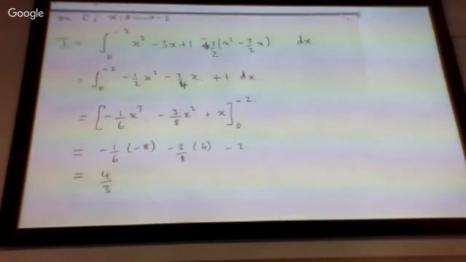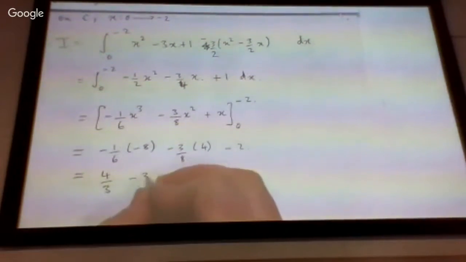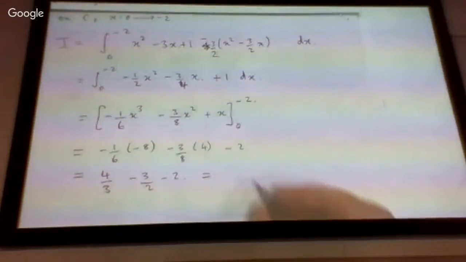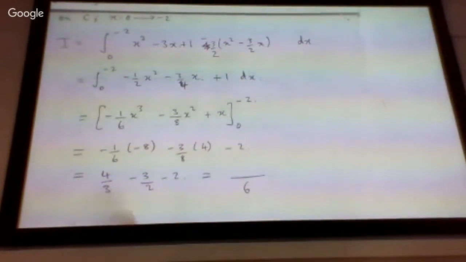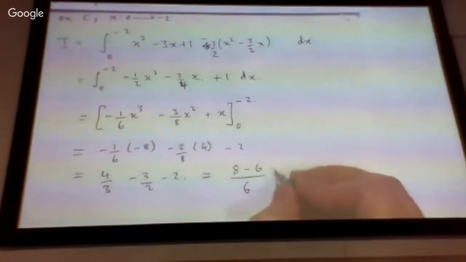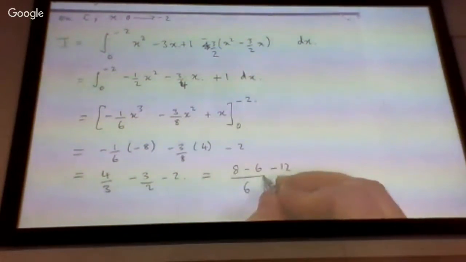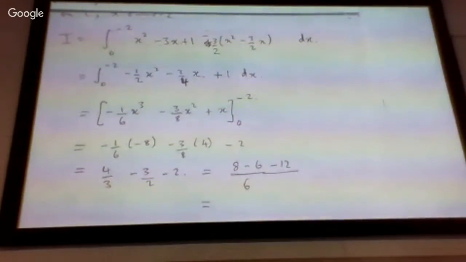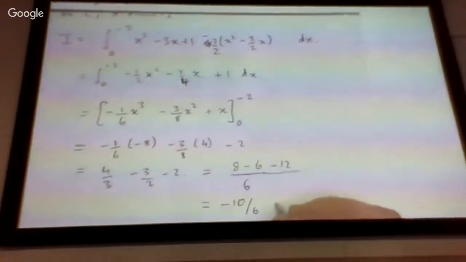Four over 3, minus 3 over 2, minus 2. So that's some number of sixths. 8 minus 9 of them, minus 12 of them. Minus 10 over 6, minus 5 over 3.